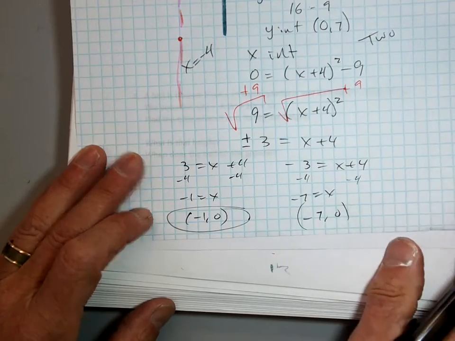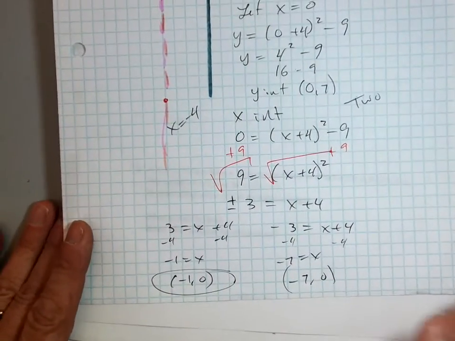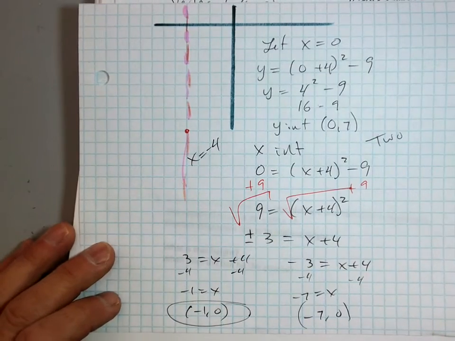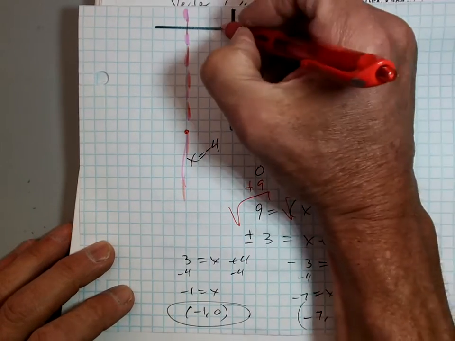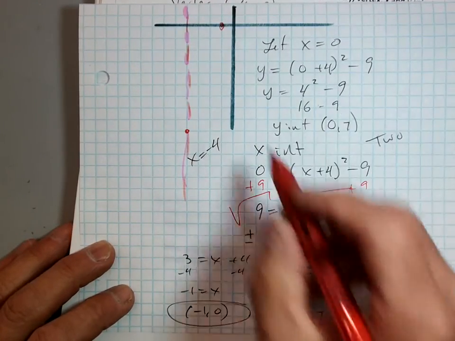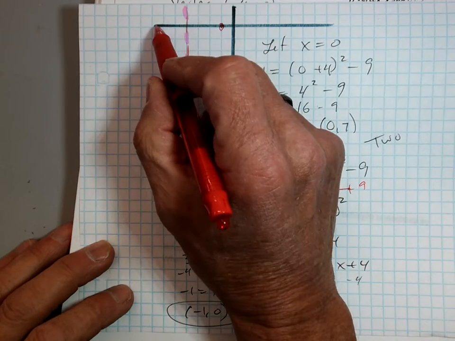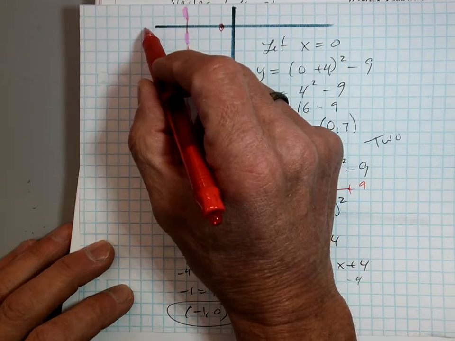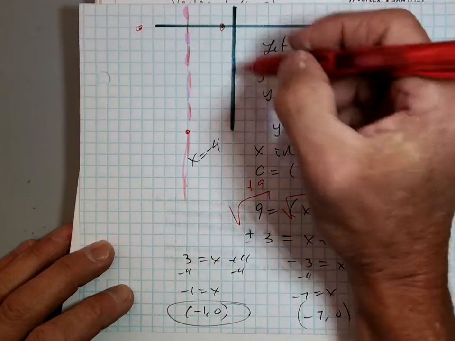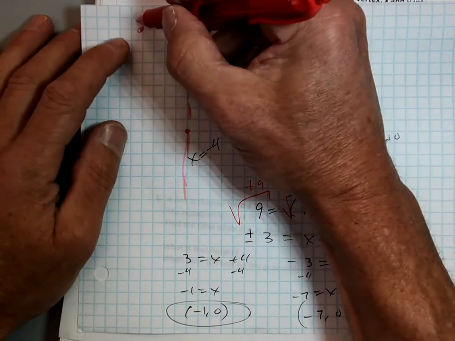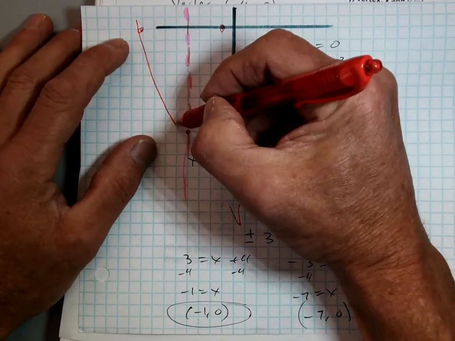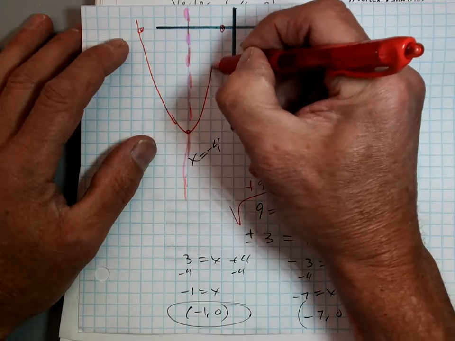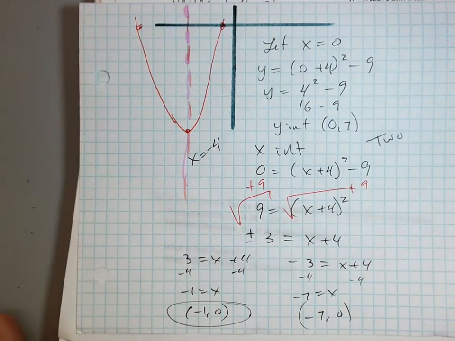And I can graph that. Go back to my graph, squeeze those points on here, and 1, 2, 3, 4, 5, 6, 7. Okay, now, there we go. And my y-intercept is off my paper, but I know it's there, right?